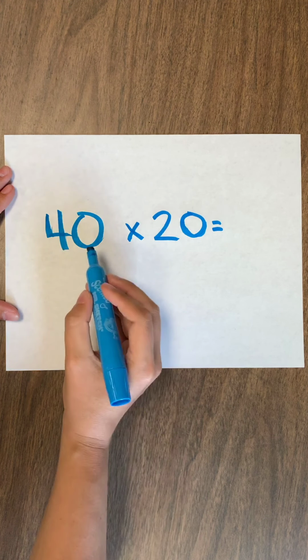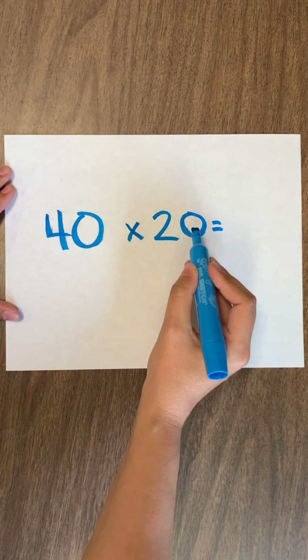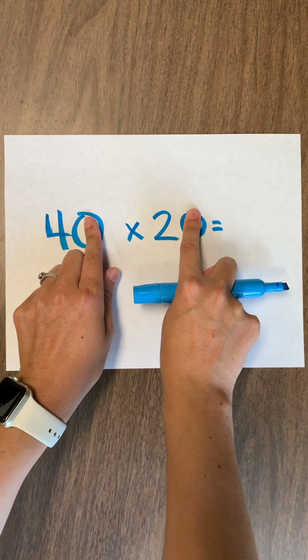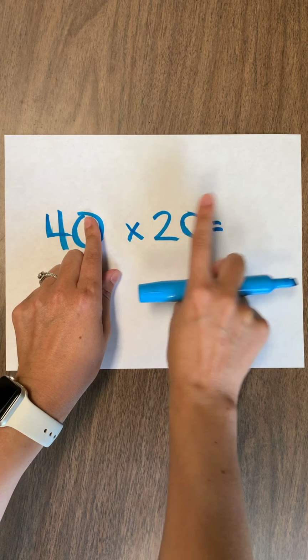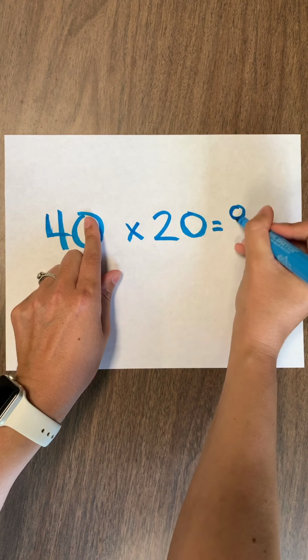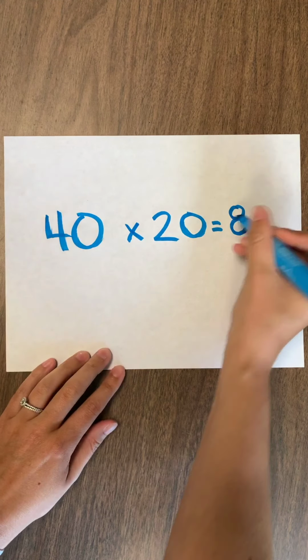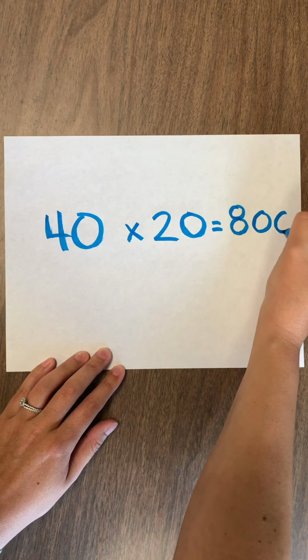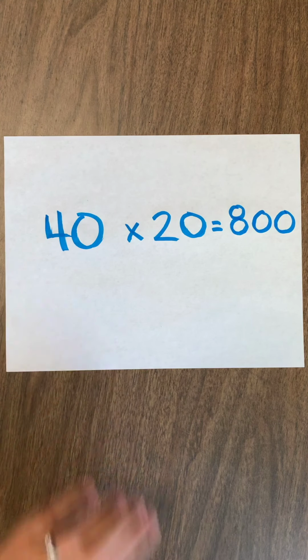Now with this one, I can use my zeros trick, right? I can ignore the zeros for now and just see the problem as 4 times 2. Well, 4 times 2 is 8. And if I uncover my zeros, I see there were 2. So I'll add those 2 zeros to my answer. And we end up with 800.